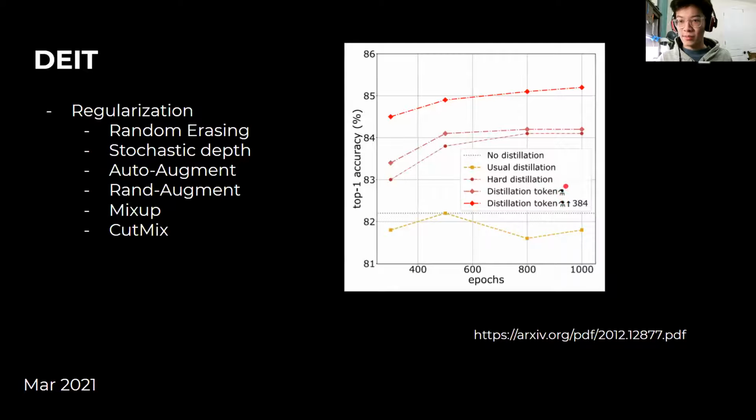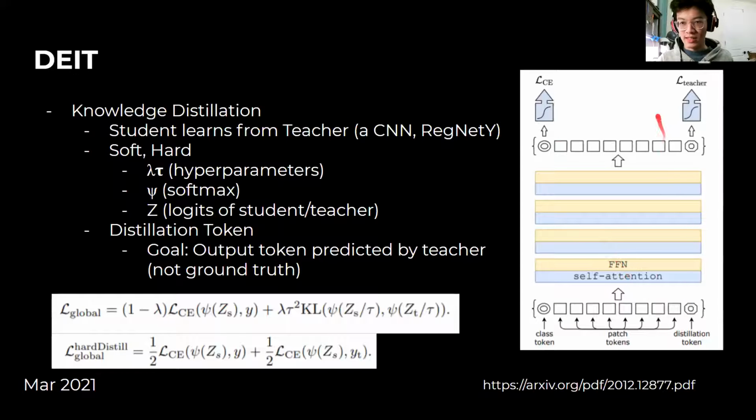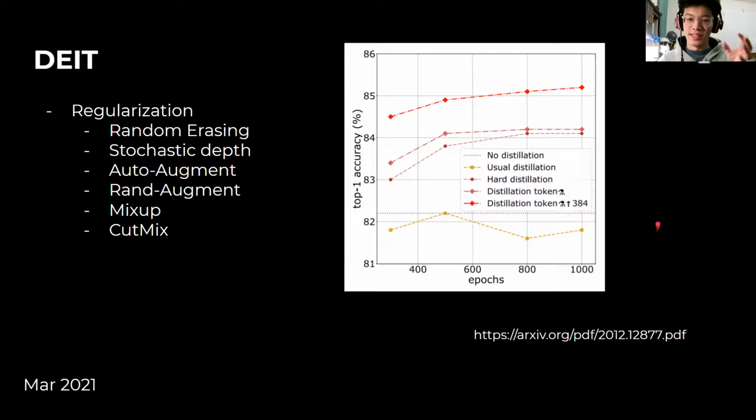And once they have this symbol, they will have this section of the model. Basically, you just train a distillation embedding to feed into the model to absorb the loss from the teacher. And we can see that those actually perform better than usual distillation and soft distillation. Sorry, I mean hard distillation without a distillation token.